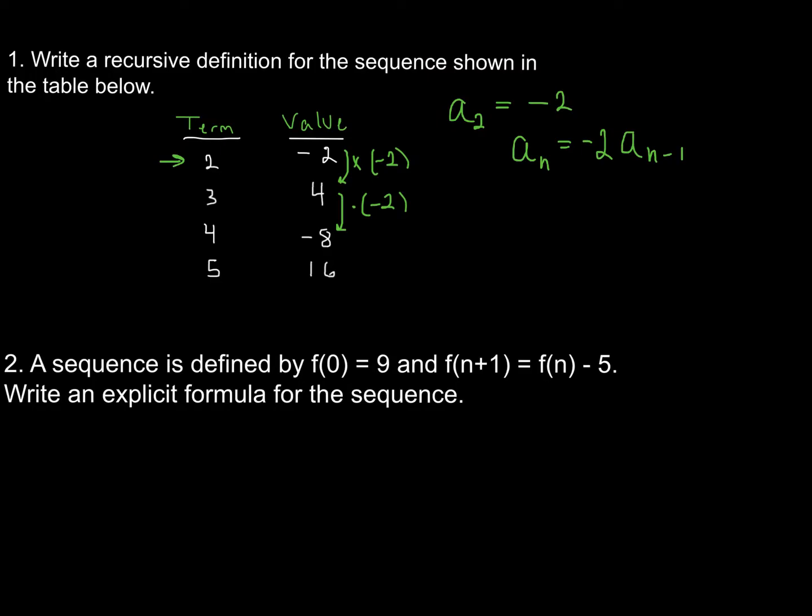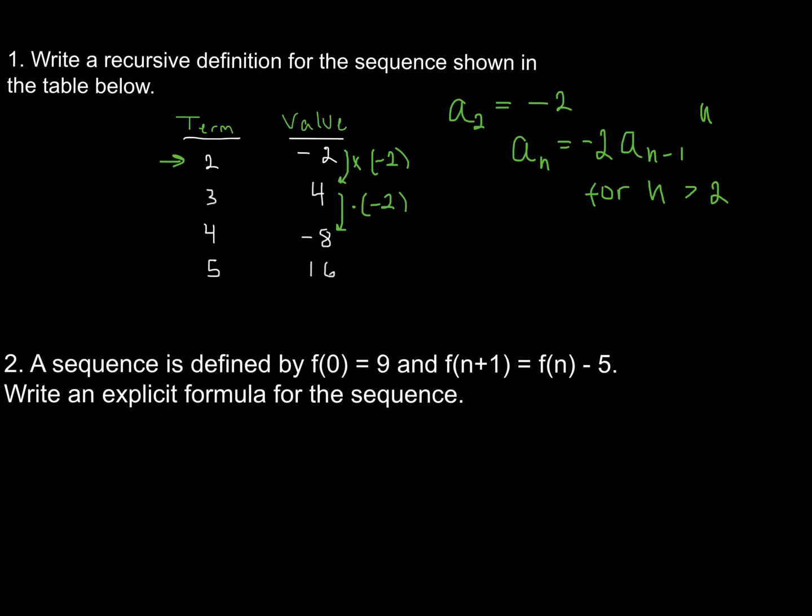Nothing too crazy, okay? What n values does this work for? Well, the only values we're given are from 2 onward. So we're going to say for n greater than 2, because we've defined 2 already, and so we're saying, hey, this will work for n greater than 2.